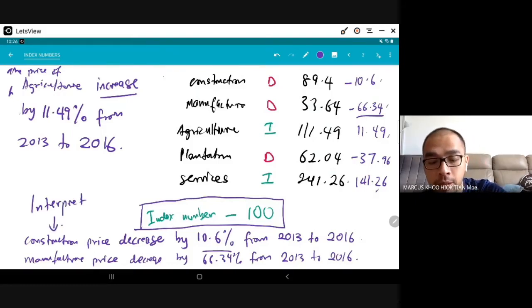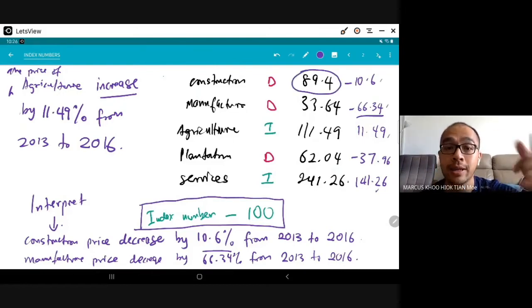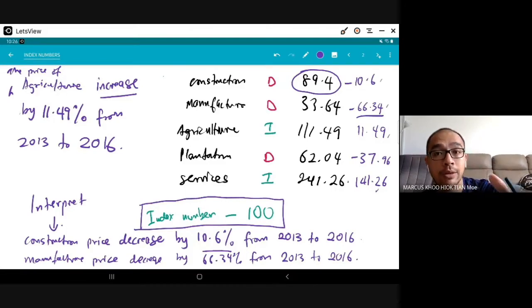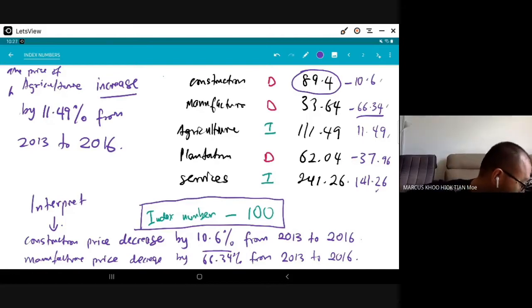What does 89.4 mean? It means that it decreased, and tell me by how many percent. That's the main job I want you to do today: know how to calculate the index number, and then how to interpret the index number. It's a very important thing.